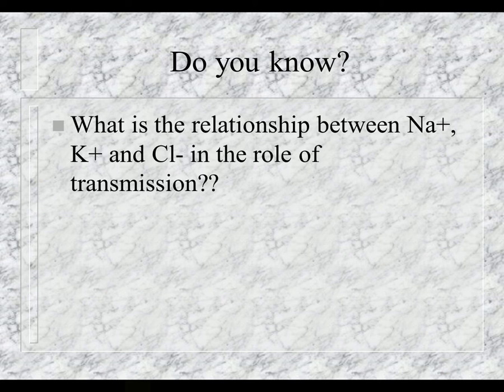When the impulse begins, it's depolarization as the sodium comes in and the potassium goes out. Then it has to repolarize, where the potassium comes back in and the sodium goes back out, and they switch places again. Then it goes back down to a resting potential, and it's ready to start the process over again.